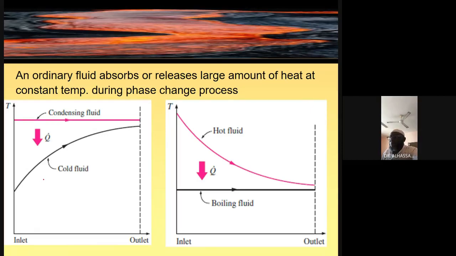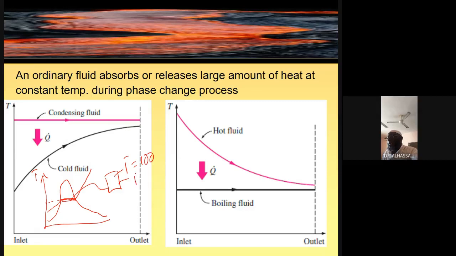So here we have a T-v diagram. You have a fluid in this region, and this is the temperature. So if our fluid is in this state, temperature is 100, pressure is 1 atm.